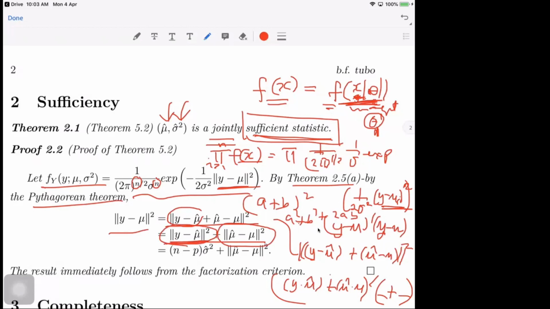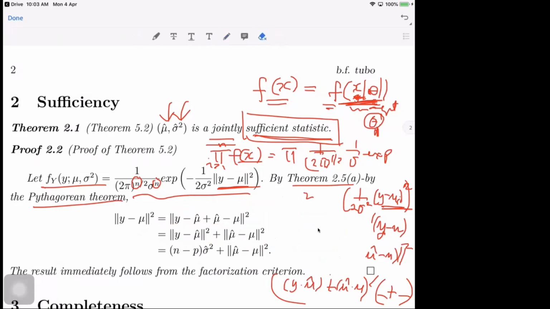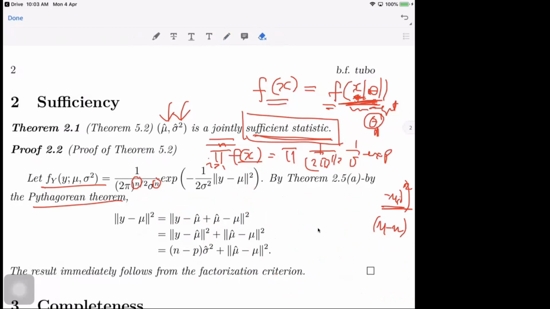But this part here is actually your n minus p sigma hat square. Why? Because this is actually the projection of y onto v perp, square norm. No?